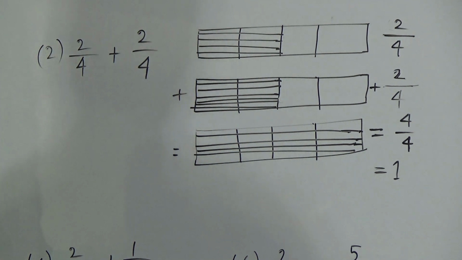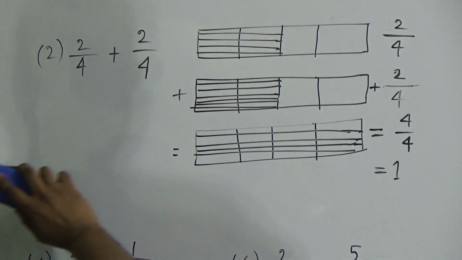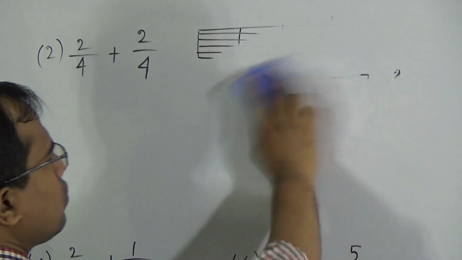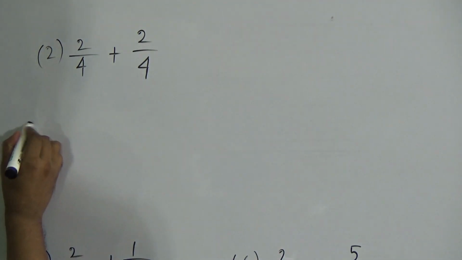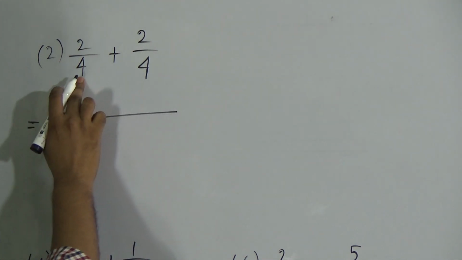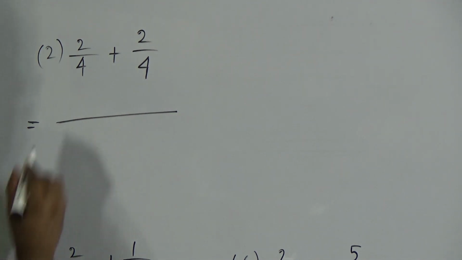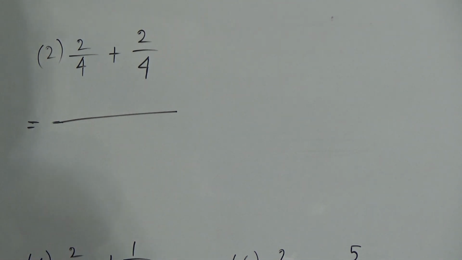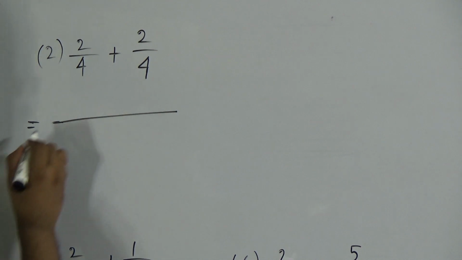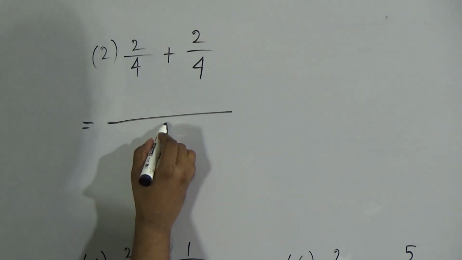Okay, dear students, now we will add these two fractions without using a figure. First fraction's denominator is 4 and second fraction's denominator is also 4. So the denominator of the fraction obtained after addition will also be 4.